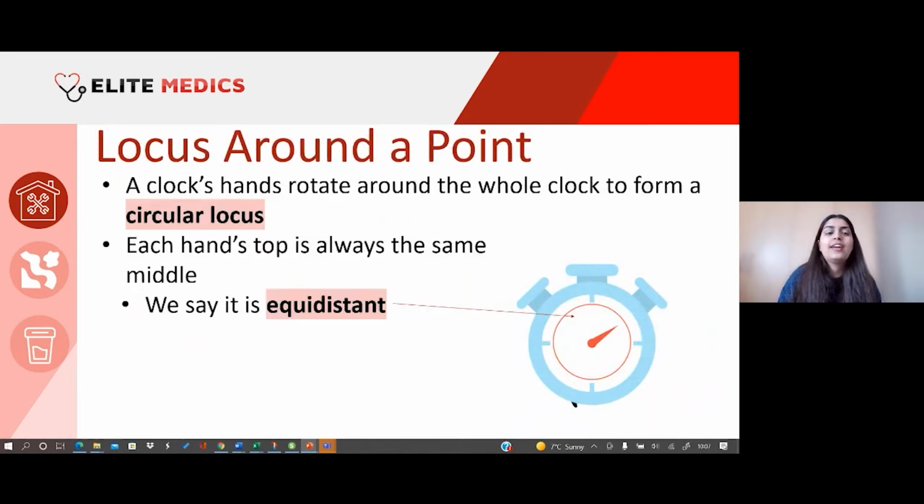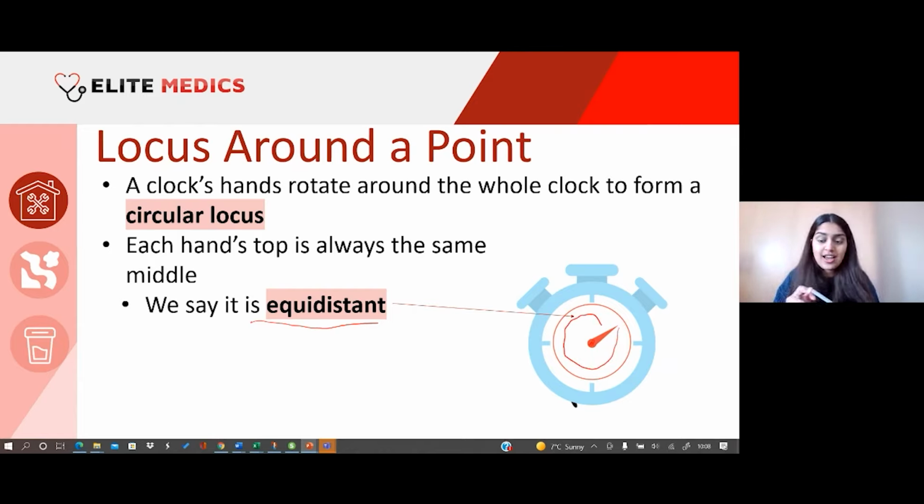Now, the locus around a point. Usually this is a circle. You can think of it as all the points equidistant from the center. You can see here a clock, and the hands of the clock rotate, right? And the size of the hand does not change.